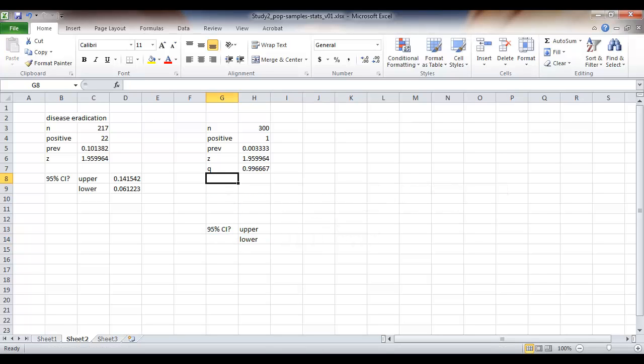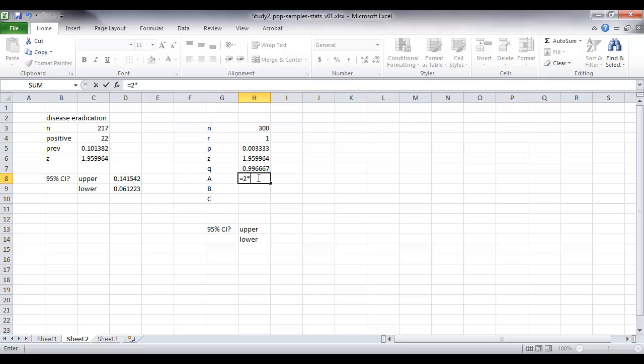Now first, to calculate this, we're going to need the three quantities that we're calling A, B and C. And if we calculate these three quantities, then we can combine them to find our confidence intervals. The number positive, we're going to designate R. The prevalence, of course, is P, and that keeps us consistent with what's in your study guide. So A is 2 times R plus Z to the power of 2, Z squared.